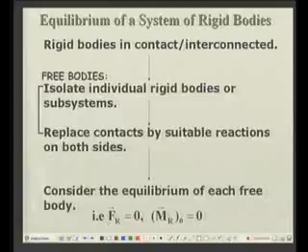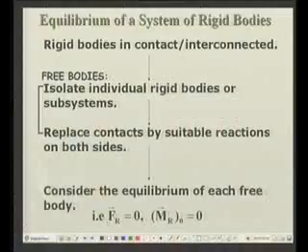Let us consider a system of rigid bodies. Now we will isolate each individual rigid body from the other bodies, or a subsystem of rigid bodies from the surrounding bodies, and wherever the bodies were in contact with each other, at that point or on those surfaces we will introduce some forces and moments depending upon the type of contact or interconnection, and on the other side of the contact also we will have equal and opposite forces and moments.